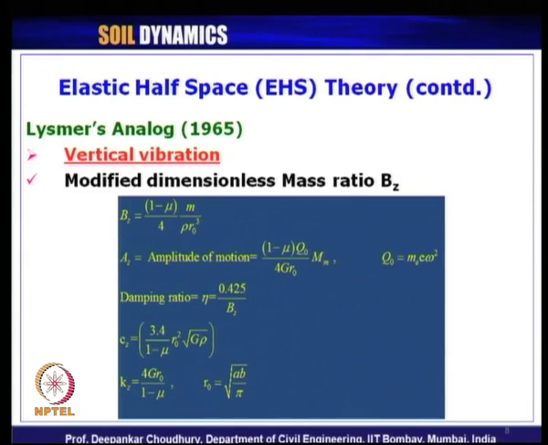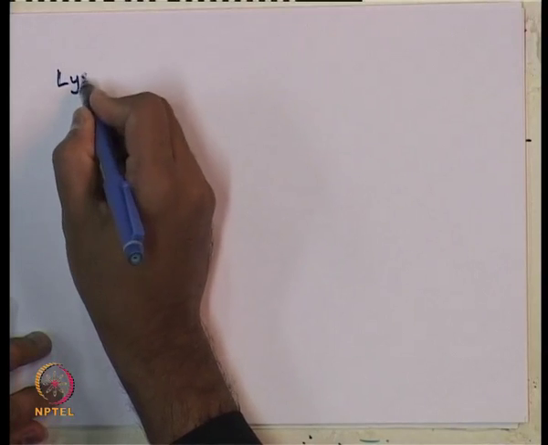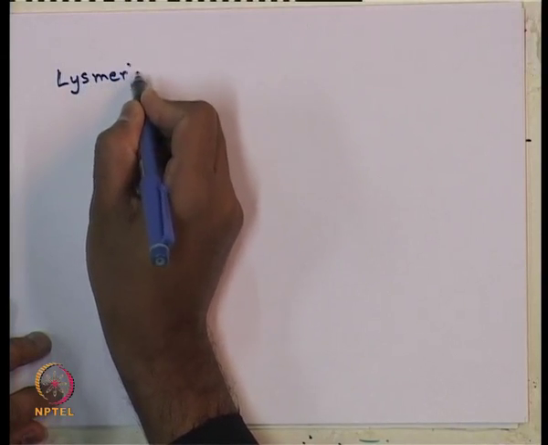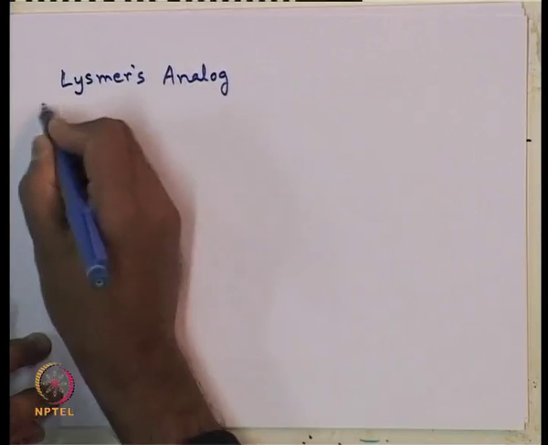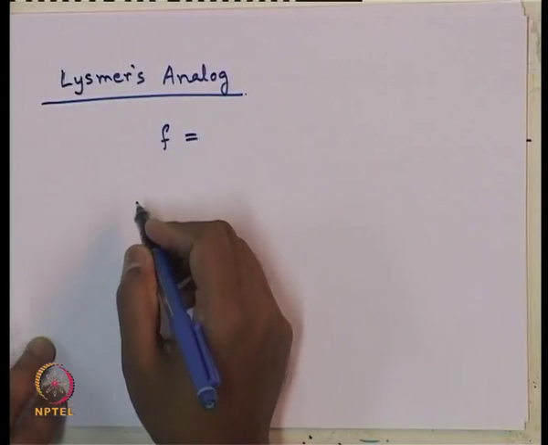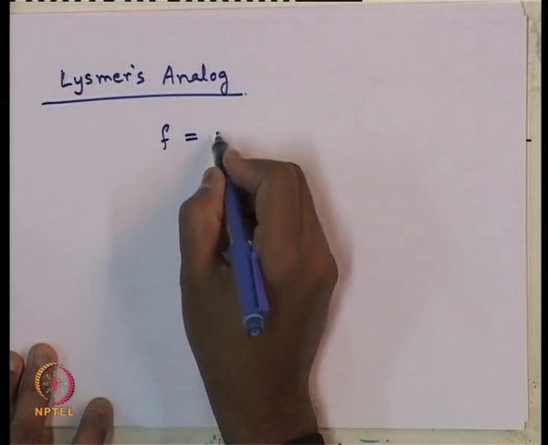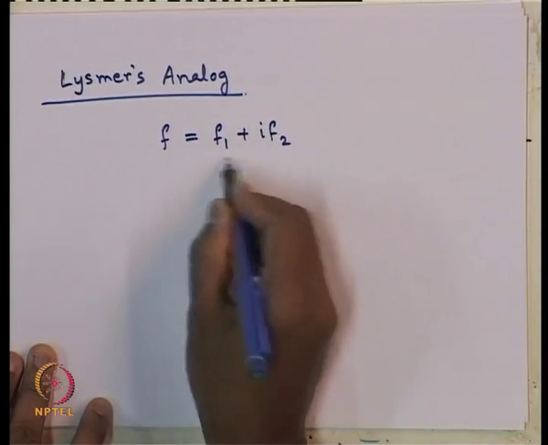So, the basic change in the Lysmer analog was, earlier the displacement functions proposed by Lysmer were given by f1 and f2.